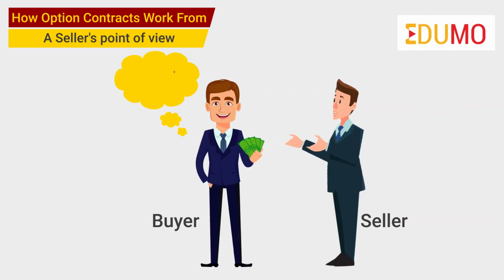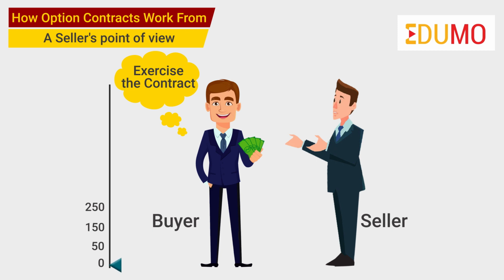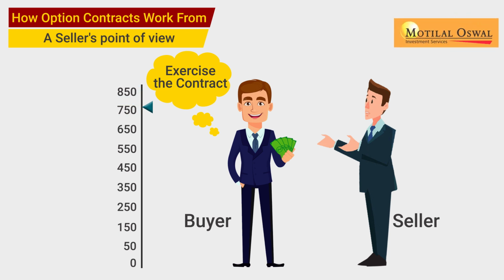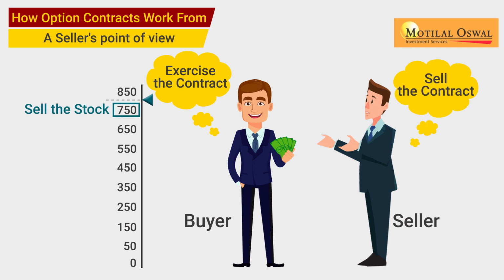The buyer of an option will exercise his right, which means after 1 month, if the share is trading at Rs 850, you have the obligation to sell the stock at Rs 750. So, if the stock price moves above Rs 750, you have an obligation to sell shares at Rs 750.